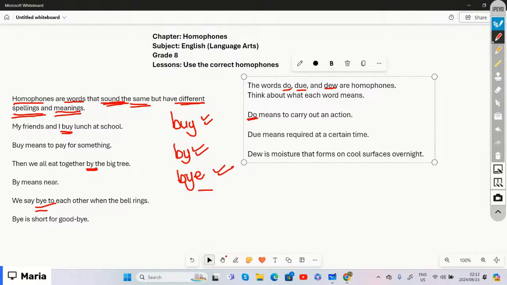And then if you look at the next word, due, which is D-U-E, this word due means required at a certain time. It's like saying you have a project or assignment due on the 27th of August. So it requires a certain time. It's due.